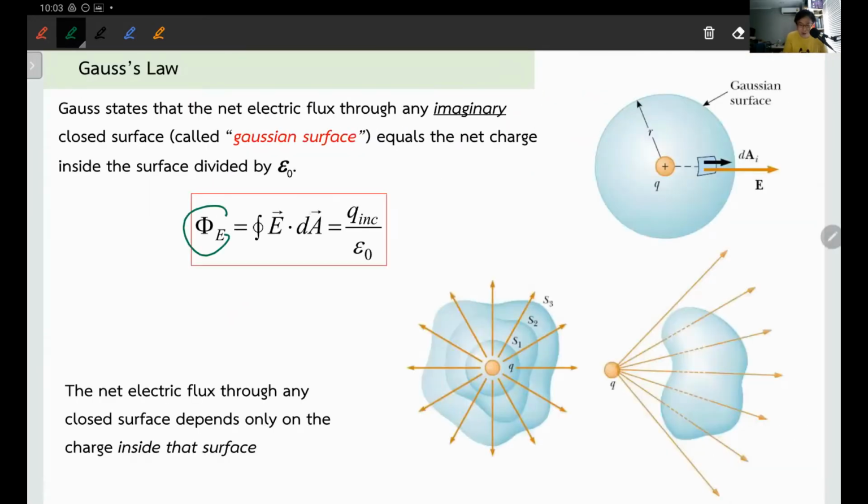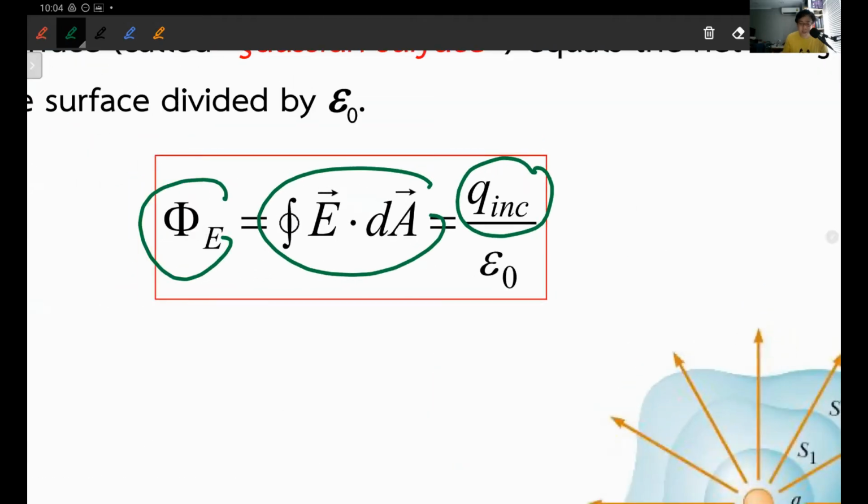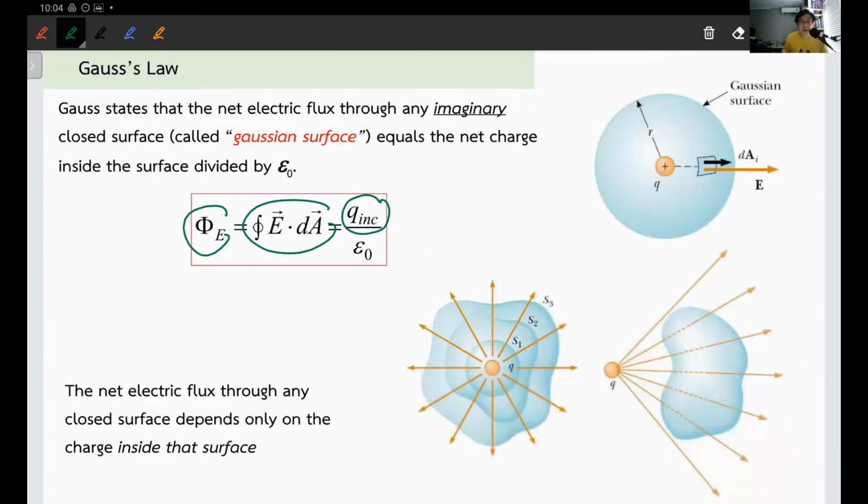This is what we have been doing, trying to calculate the electric flux. But the one who is responsible for this is the charge. So I put the subscript INC, that's just for included inside your closed surface. You only have to worry about what's inside. What's outside, I don't care.